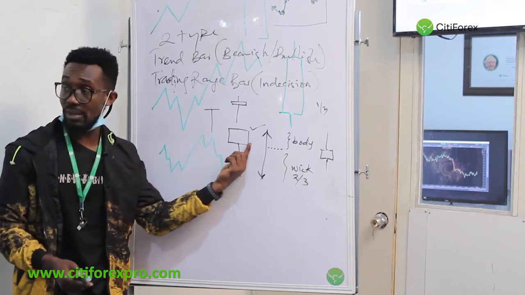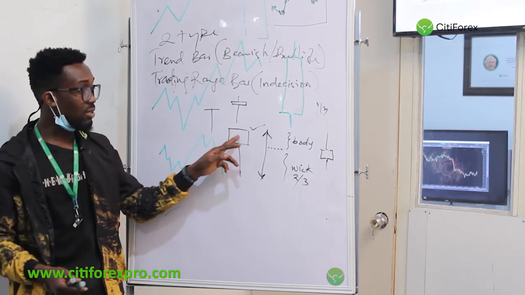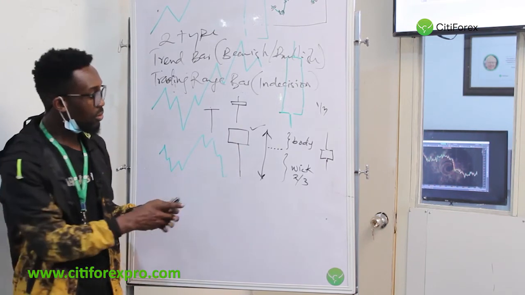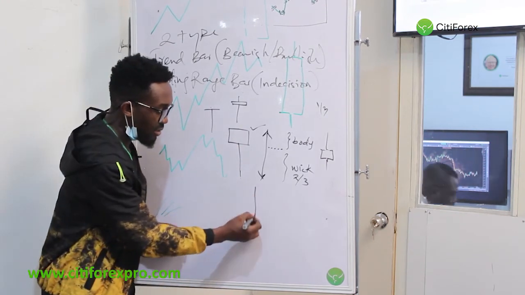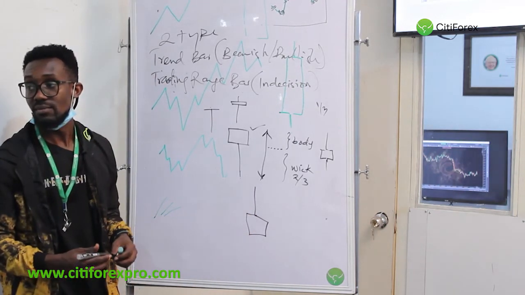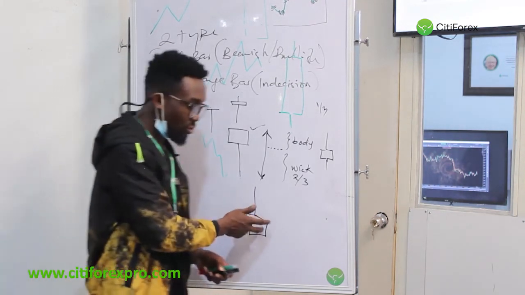You understand what I'm saying, right? As this candle is now, it's called a hammer. But when you change it and it now looks like this, it's an inverted hammer. Another name is shooting star.